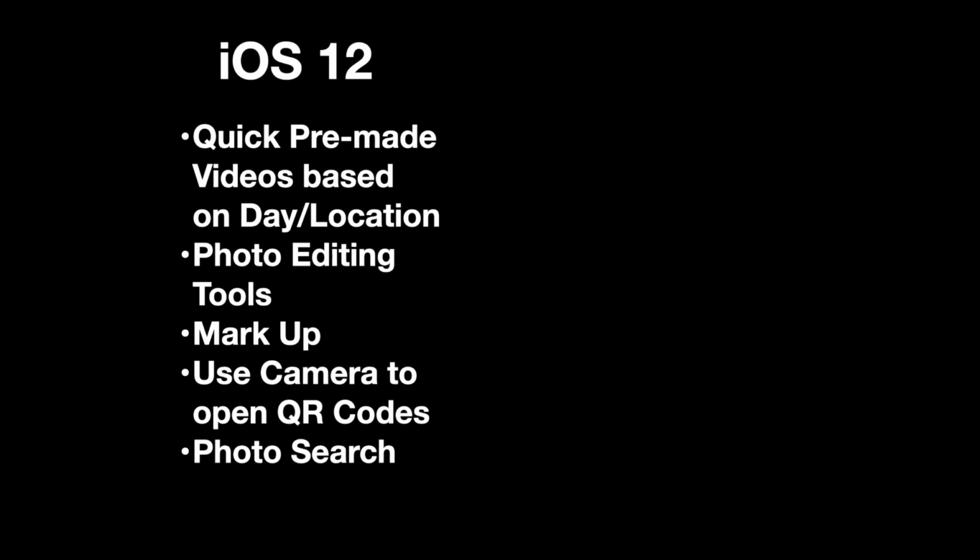The photo editing tools were updated a little bit in iOS 12. They added markup, and they use the camera to open QR codes now, so you don't need a specific app to do that. And the photo search portion of the Photos app really updated.